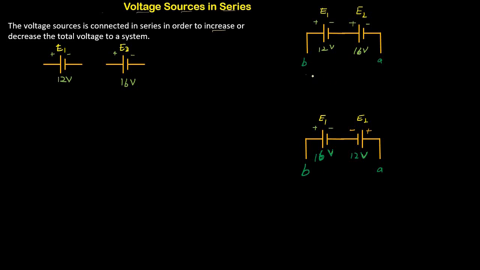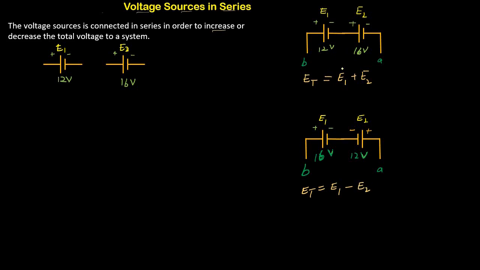In the first case, the total potential difference between A and B equals E1 plus E2, while in the second case it equals E1 minus E2.